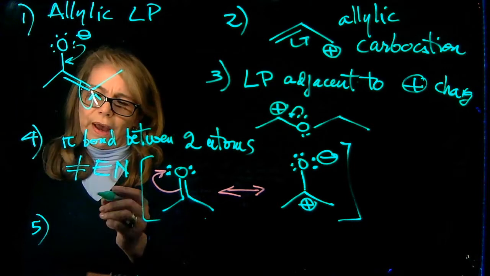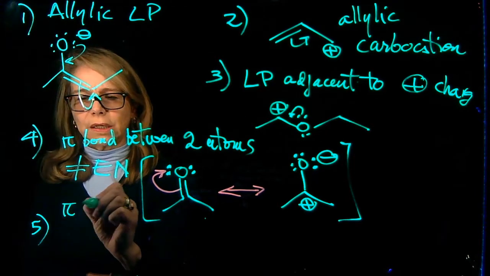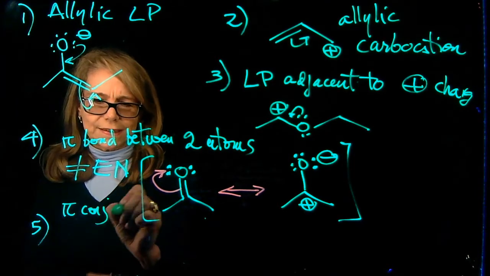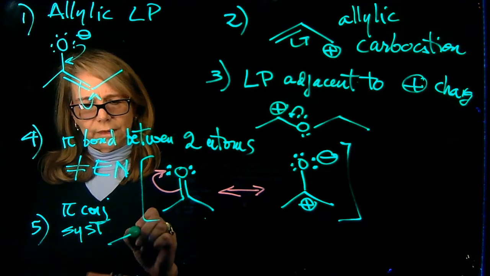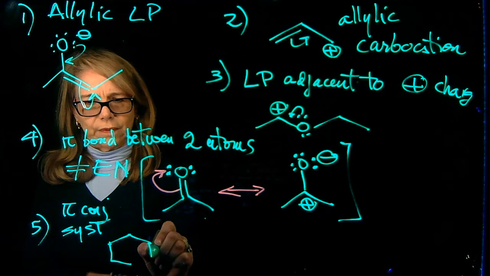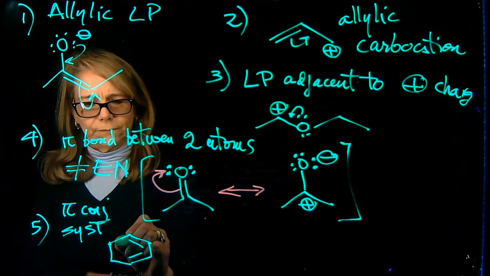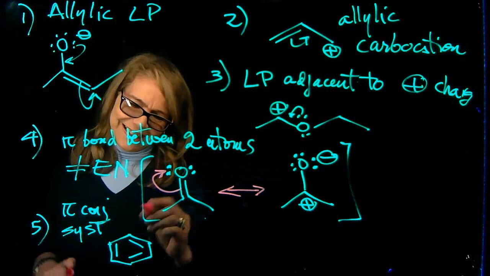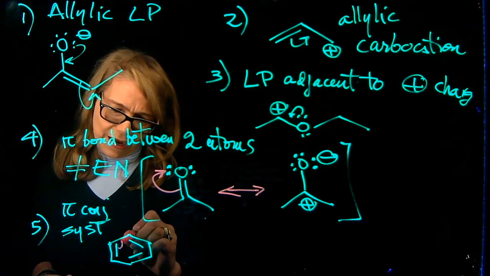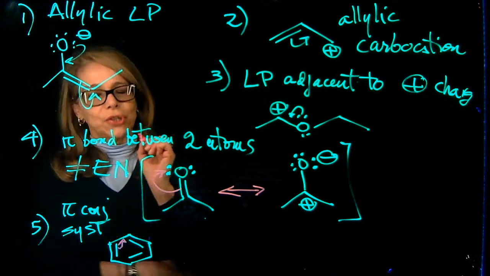when you have a pi conjugated system on a ring. And this is what we have here. I want to make it all fit in one screen. So here you will do an arrow. Remember, the arrow shows the flow of electrons.